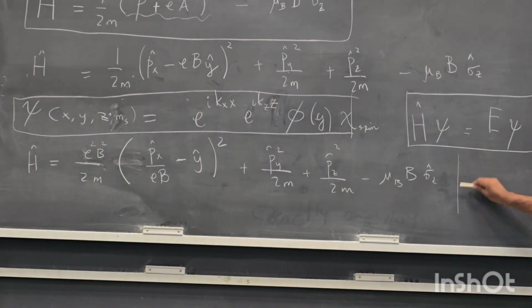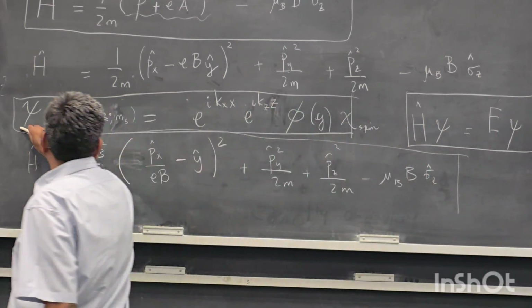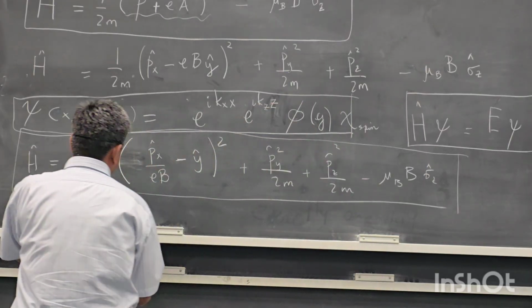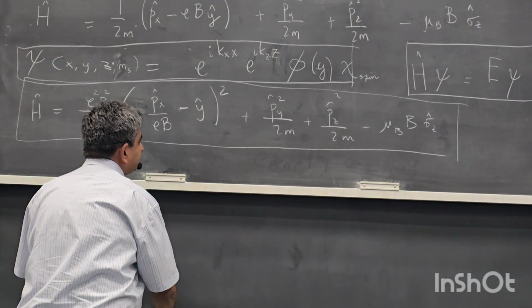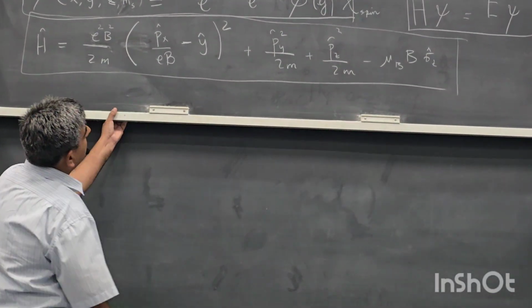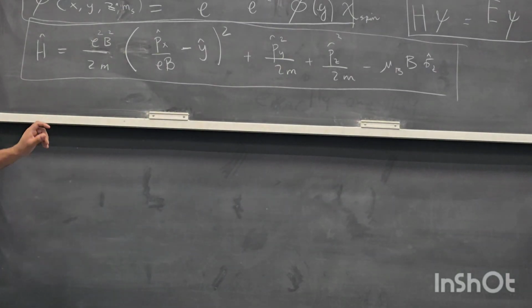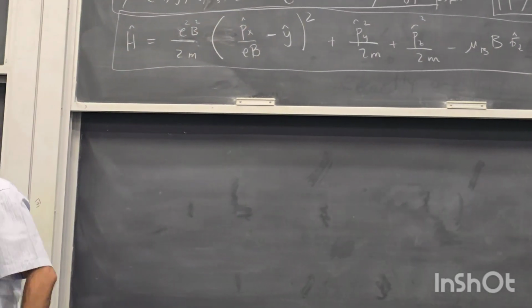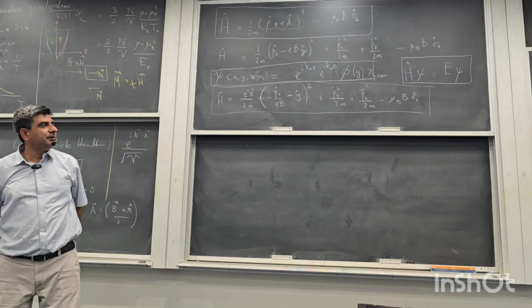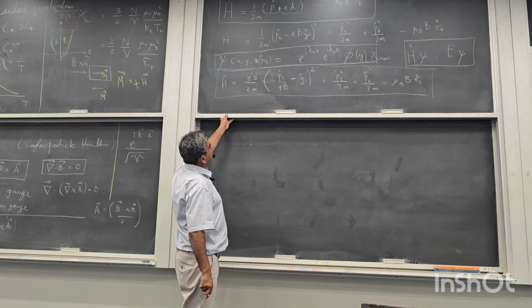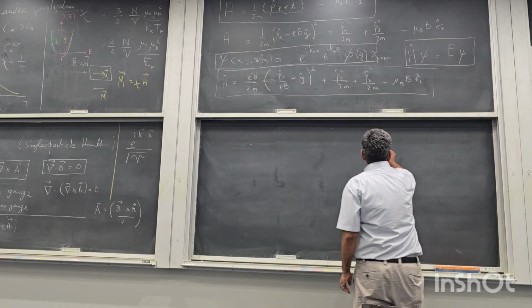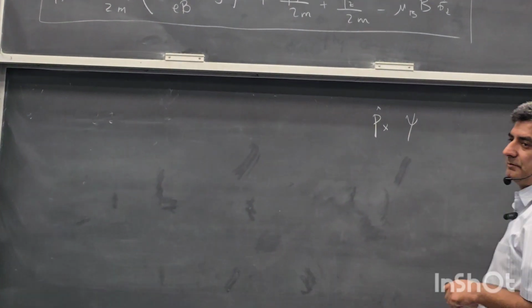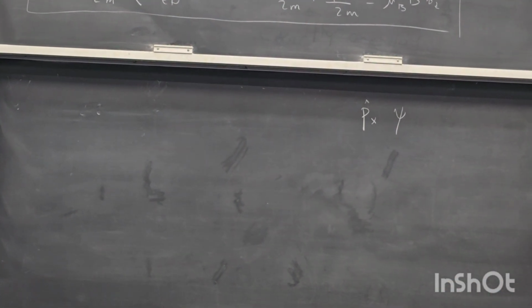So this is my Hamiltonian, all right. Now what I could do now is let me set Px over Eb as an operator. If I have this operator Px acting on psi, what do I get?